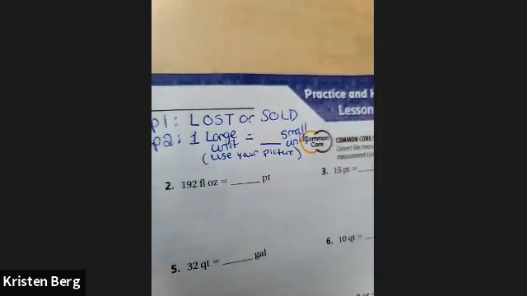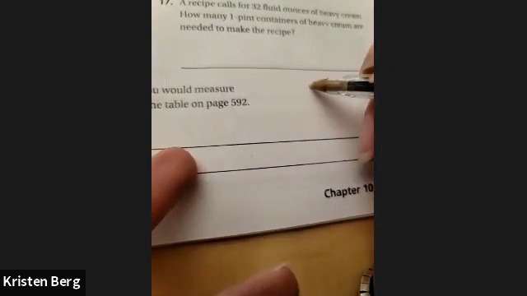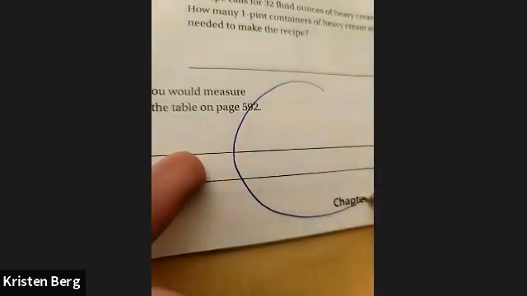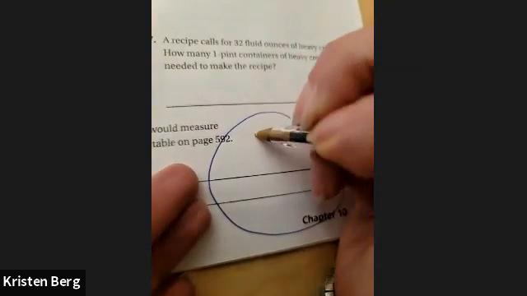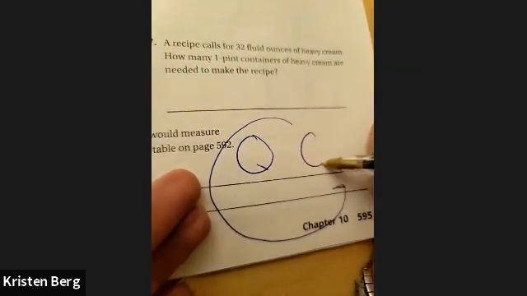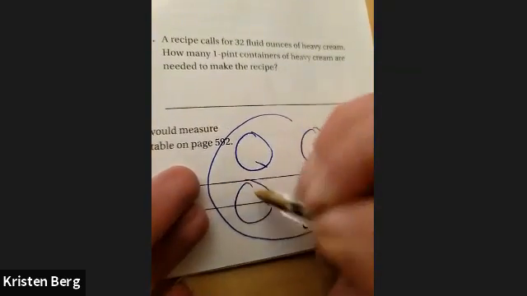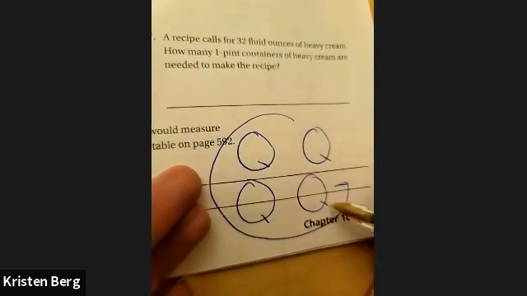And we're going to put that picture down here to remind us. I'm going to make it one more time. You can make it hopefully as big as you can. This is going to be Q and a Q. There's 4 quarters.